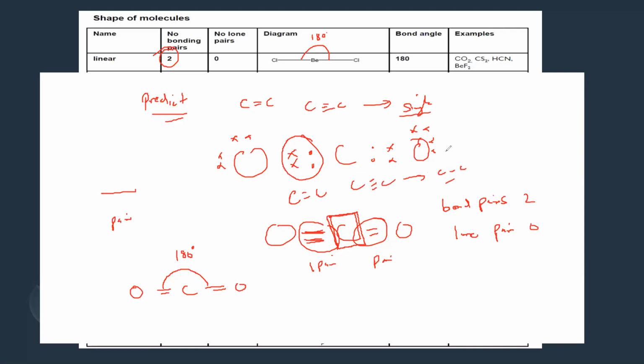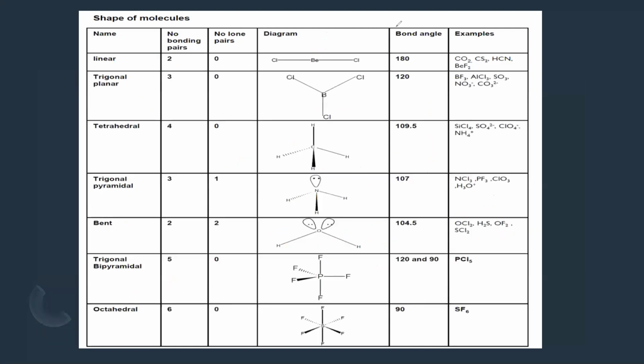Another example is hydrogen cyanide, HCN. If I draw the structure, carbon belongs to group 4, so it will share 4 electrons overall. 3 it shares with nitrogen and 1 with hydrogen.